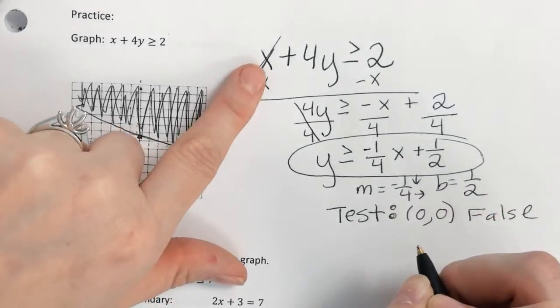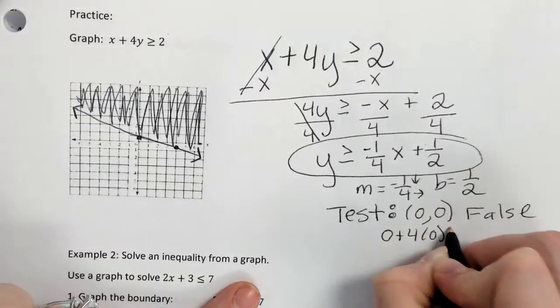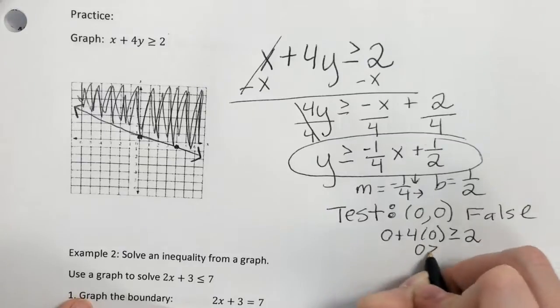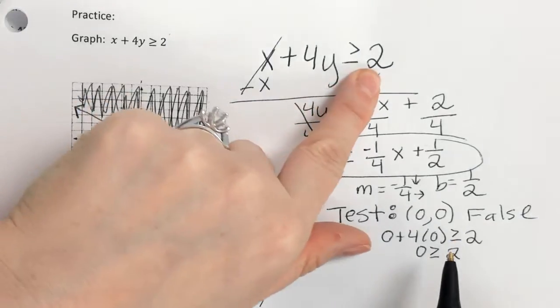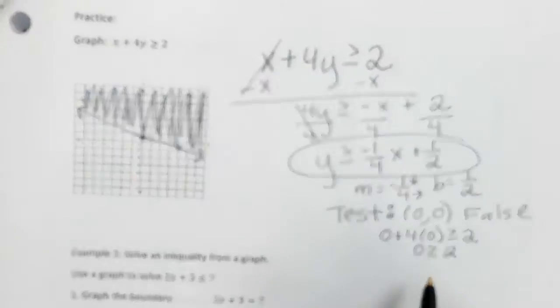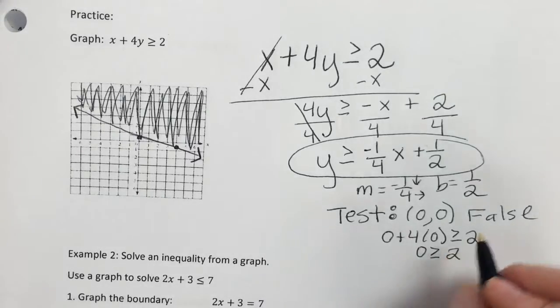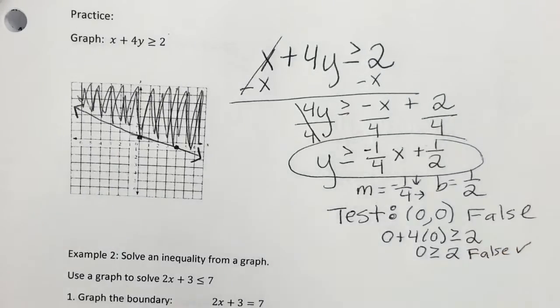So I'm plugging it into my original equation, and I get 0 is greater than or equal to 2. Is this true or false? False, and that's what it should be. It's supposed to be false, so I got it.